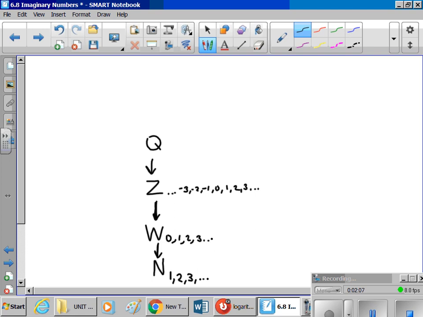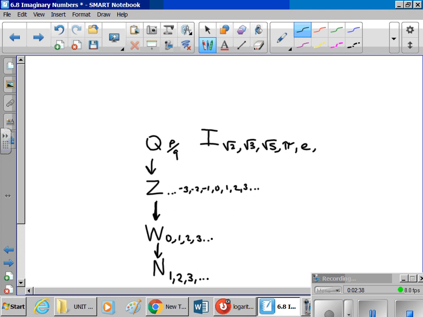Now, this one does not sit on top of Q, it sits next to it, and that's called the irrational numbers. The irrational numbers are numbers that cannot be represented as a fraction. We're going to call the rationals P over Q, anything that can be written as a fraction. Irrationals are things like rad 2, rad 3, rad 5, pi, the number e.